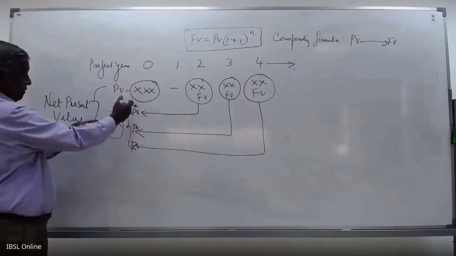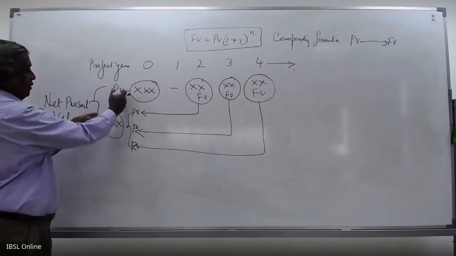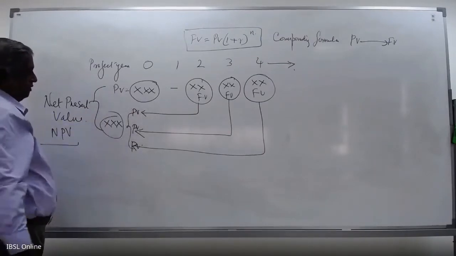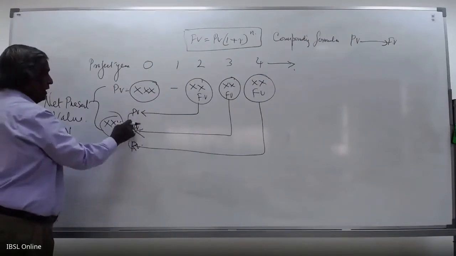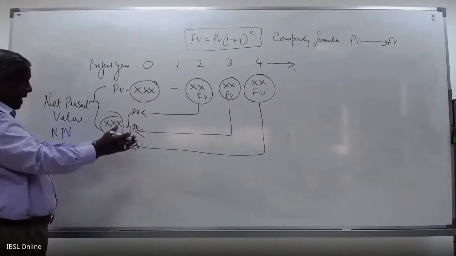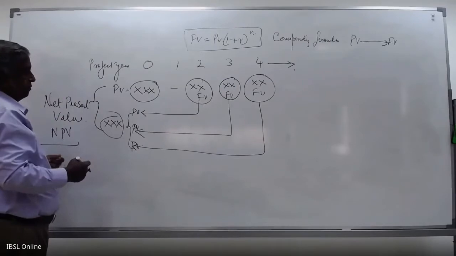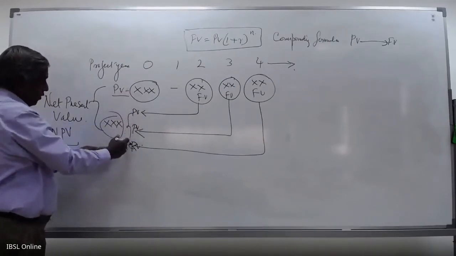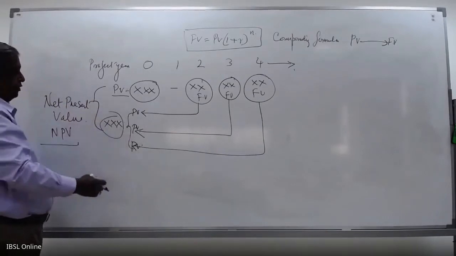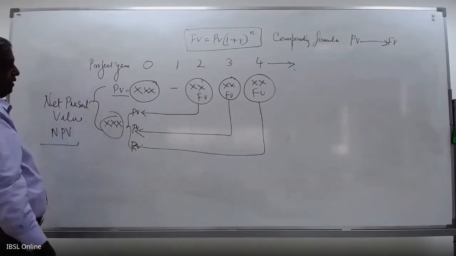That is, convert all these to present value, add them, and deduct the present value of what you have invested. This is the outflow and this is the inflow, get the net. So we call it net present value.